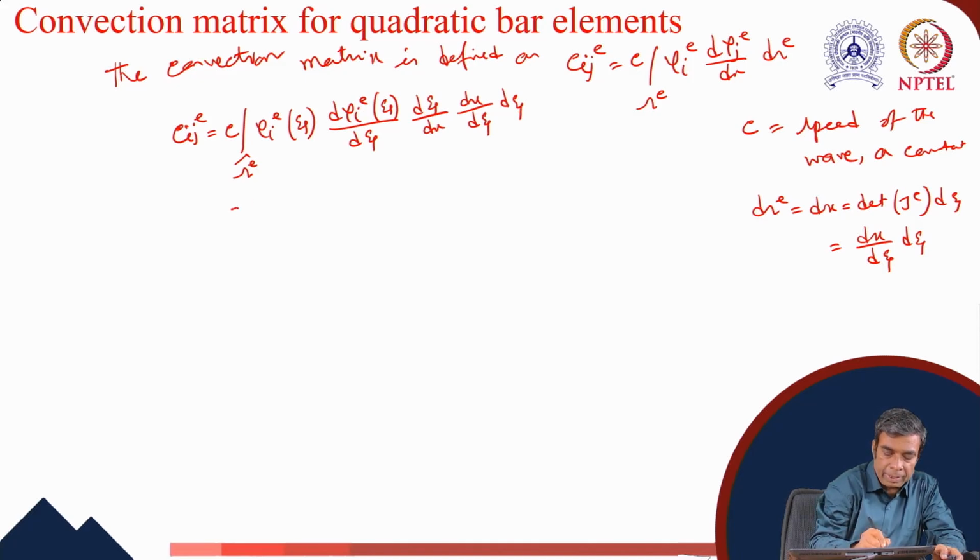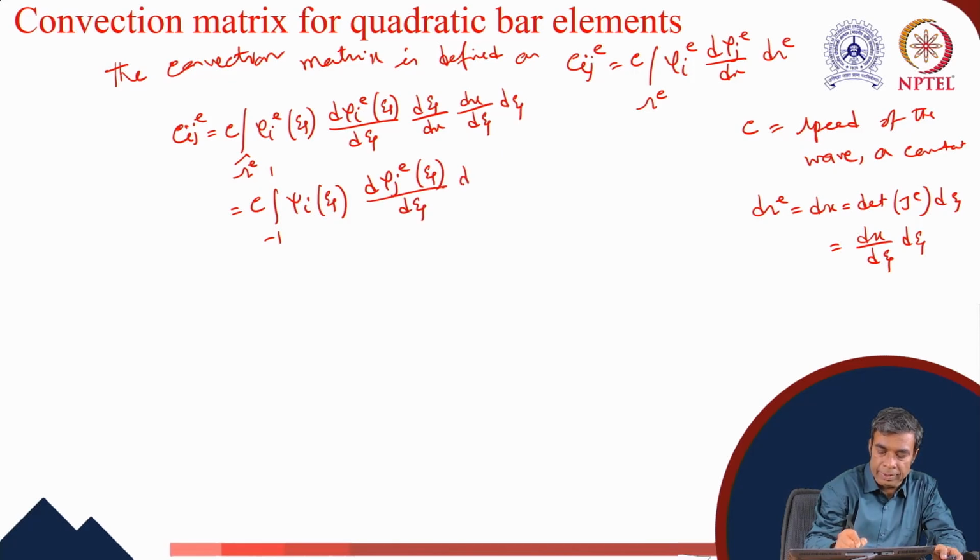So this gives us C into integration from -1 to 1 of psi_i^e(xi) d psi_j^e(xi)/d xi d xi. This portion, the Jacobian, becomes equal to 1.